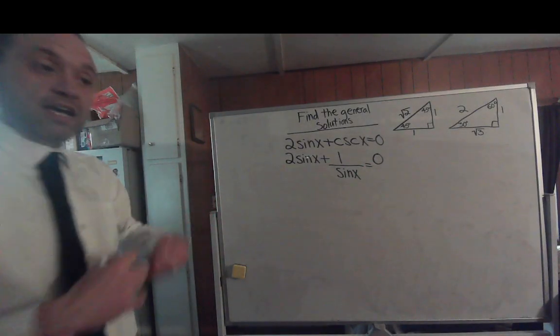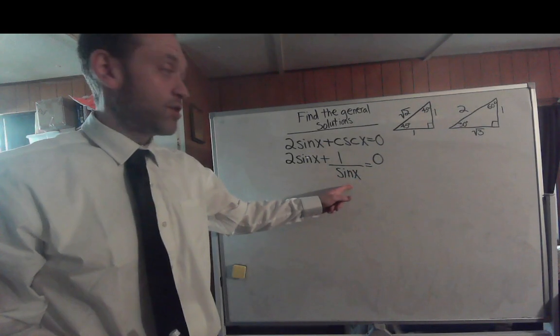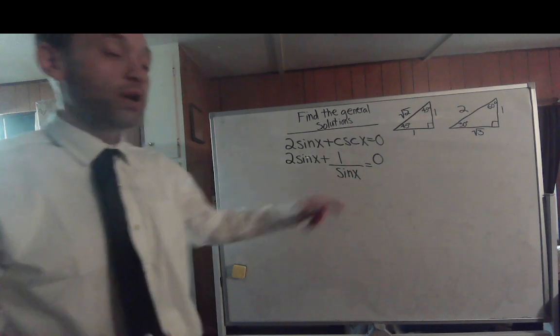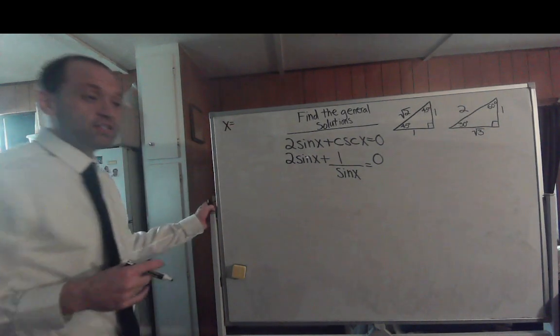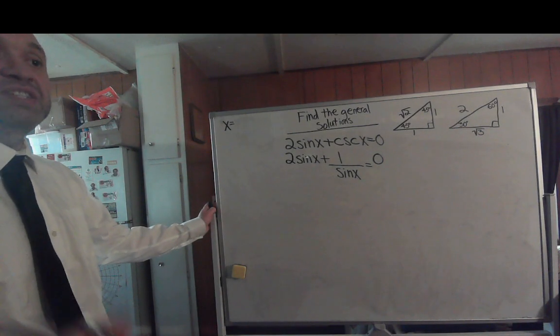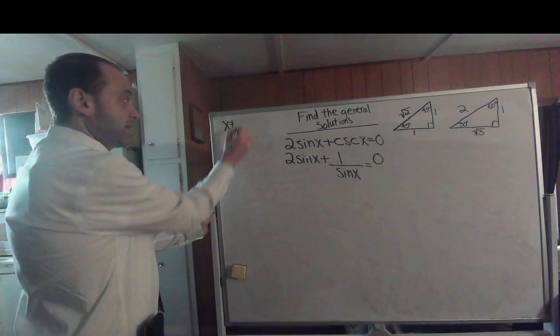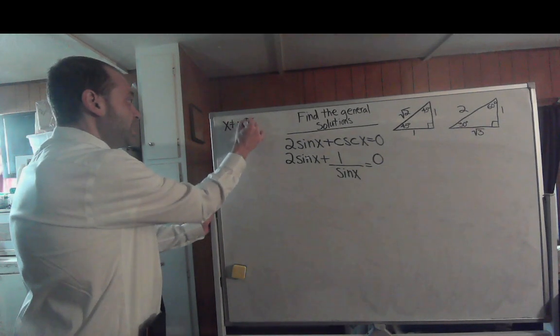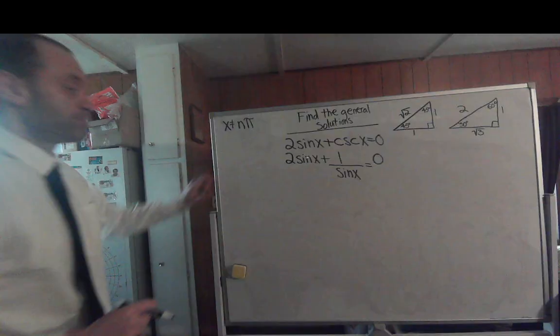Well, we already have an extraneous solution. That's going to be where you have a denominator of 0. Where does the sine of x equal 0? That would be integer multiples of pi, such as 0, pi, 2 pi, and so on. So x cannot equal integer multiples of pi. We have to exclude those from the solutions if we get them.